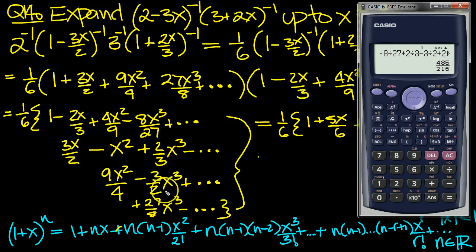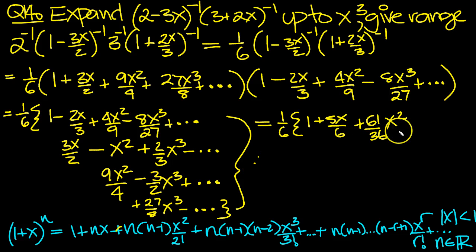Looks a bit strange, doesn't it? Because we've only got thirds and 27ths, but there's an eighth here. Yeah, so it could well be that. So it's 485 over 216, and that was x cubed, plus dot dot dot.